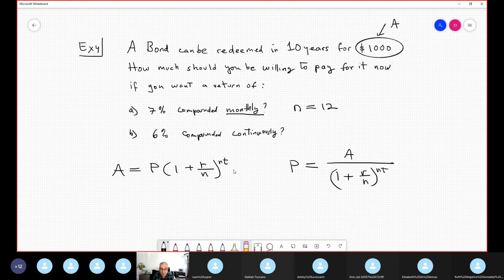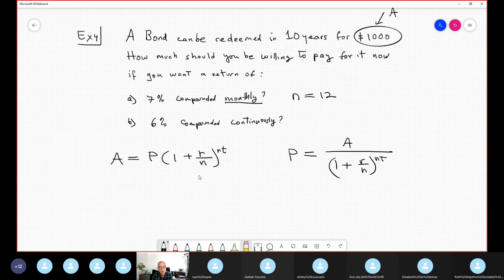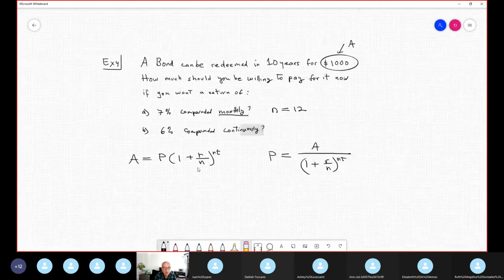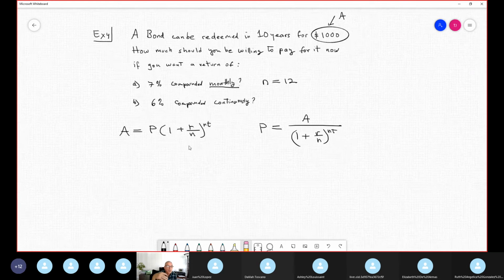Okay, when I make a plan of something, remember John and the car, if I want to plan money, what is the money I need now? Okay, in this case it's similar, right? It's a bond. What is the acceptable price if you want 7% return? I'm planning this.